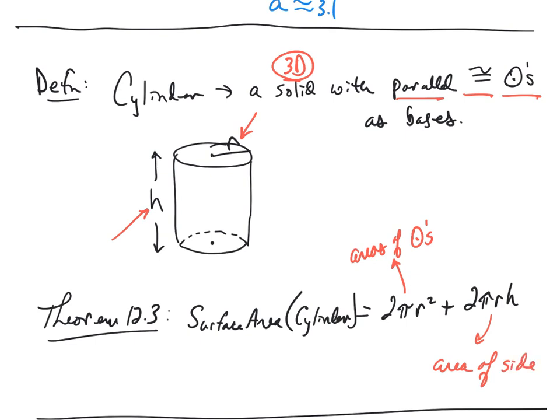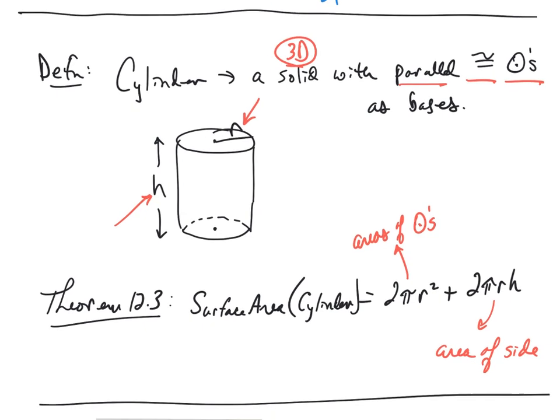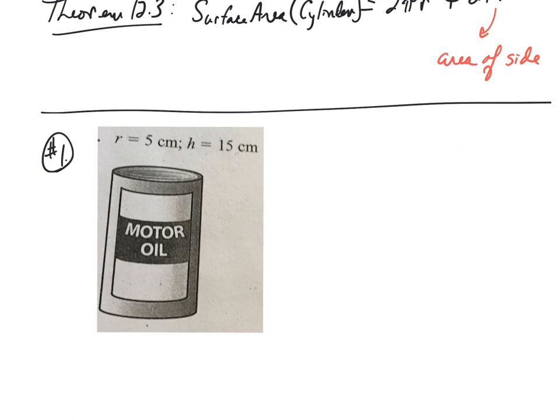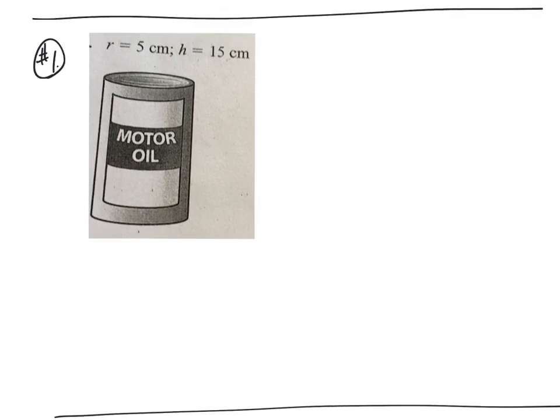Now, technically, I should probably call that the lateral side, but I think hopefully you guys have the idea. That would be the rectangle formed around the side of that thing. Okay? Alrighty. So with that there, and feel free to pause the video if you need a little more time to jot that down. Let's calculate a couple of surface areas then.